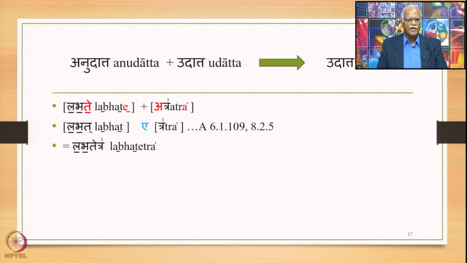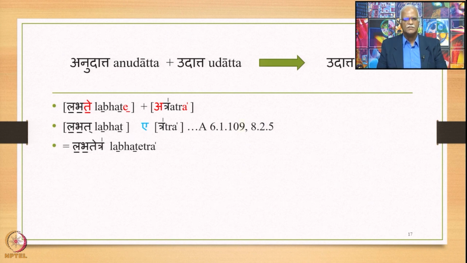Now labhate has got all vowels Anudatta. So all of them are marked with the horizontal bar below the letters, followed by atra where you have tra with a vertical bar on top of it, indicating that it is a swarita that comes immediately after an Udatta, which is unmarked. So labhate has got all Anudattas and atra has got an Udatta.